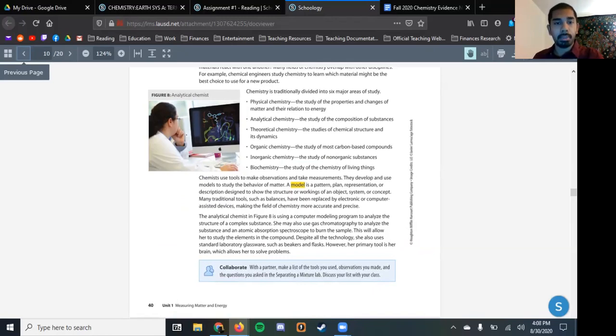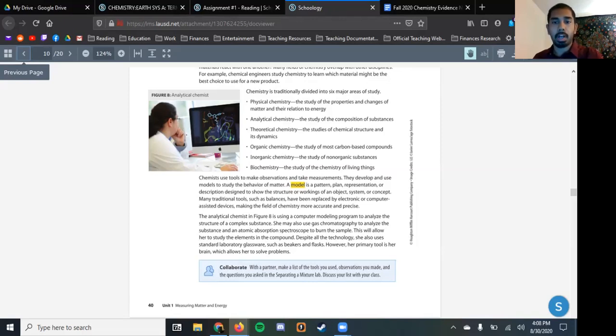Organic chemistry, inorganic chemistry, and biochemistry are very standard classes in anything related to medicine. It's kind of just foundation level stuff, so it might be a good idea to remember those things.